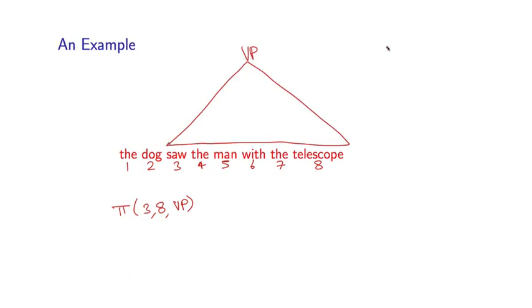In particular, there might be at least a couple of VPs here. One where the telescope is modifying saw, so the telescope is being used to see the man, and one where the man has the telescope. Those will in general correspond to two different parse trees. And pi of 3, 8, VP is going to be the highest probability for any of those different ways of reaching VP spanning these different words.